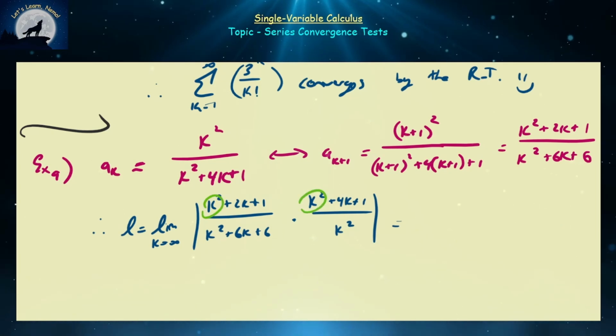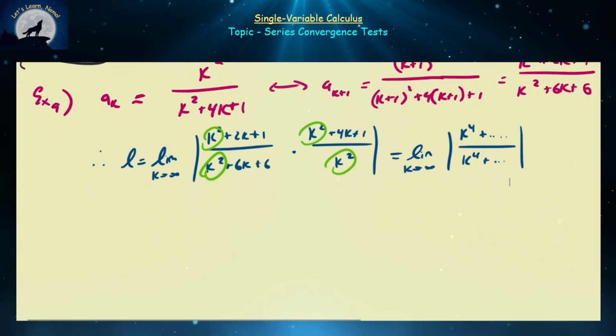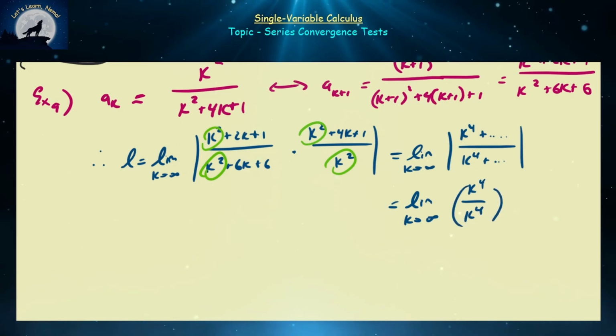So we have k squared times k squared, that's k to the 4. We have k squared times k squared, that's going to be k to the 4. So this is going to be equal to the limit as k goes to infinity of the absolute value of k to the power of 4 plus some stuff, all over k to the 4 plus some stuff. So by the dominated convergence test, those leading terms are all we really care about. So that's going to be equal to the limit as k goes to infinity of k to the 4 all over k to the 4, which we know is going to be equal to 1.